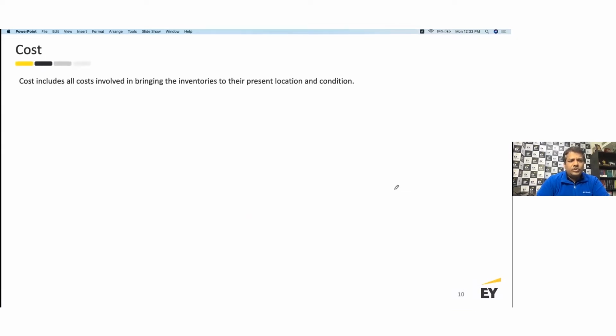Cost includes all costs involved in bringing the inventories to their present location and condition. Remember the accounting we do for fixed assets? It's very similar. Whatever goes into your asset capitalization is the cost you've incurred to bring that asset to its present condition and location.